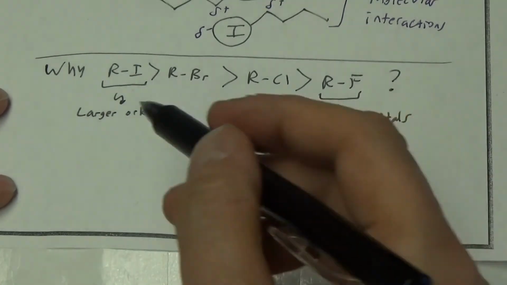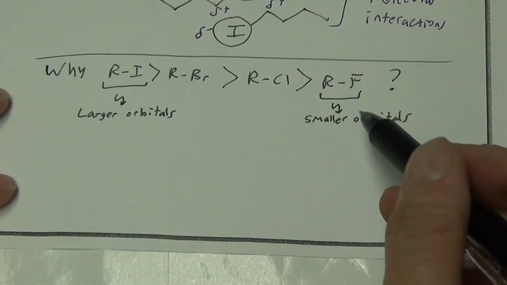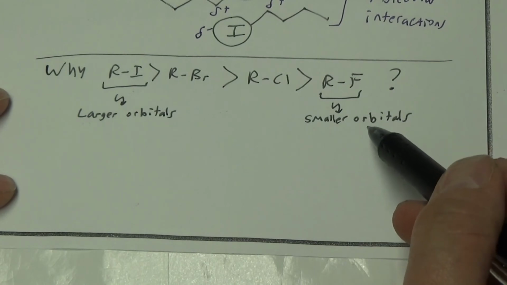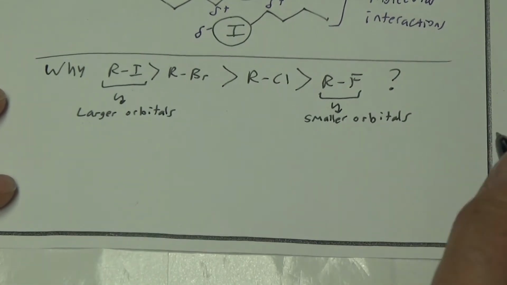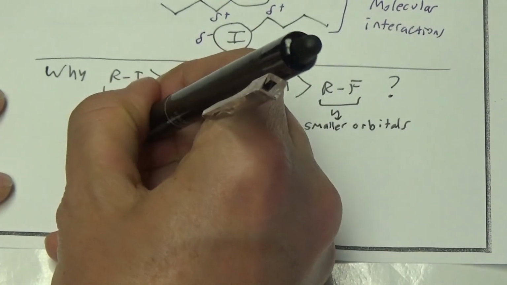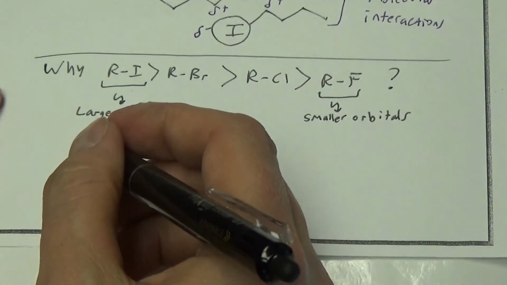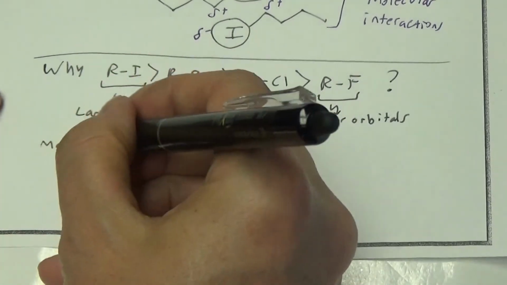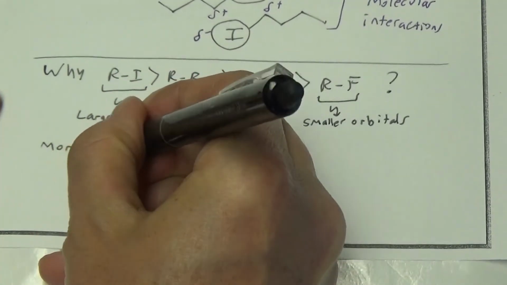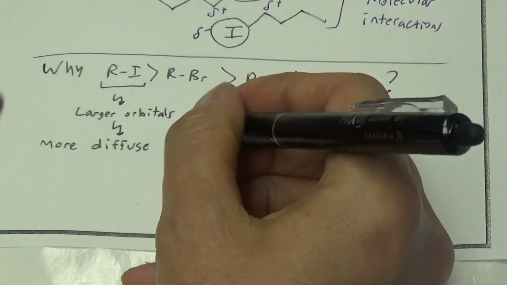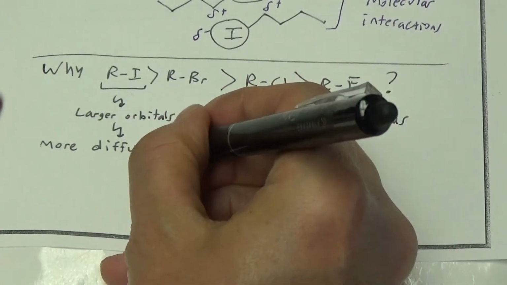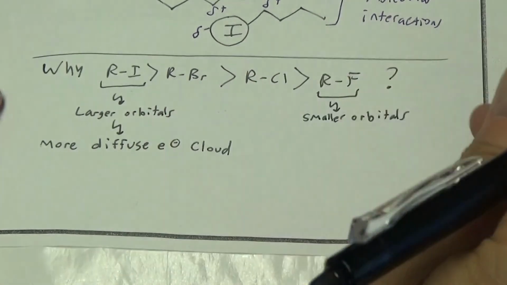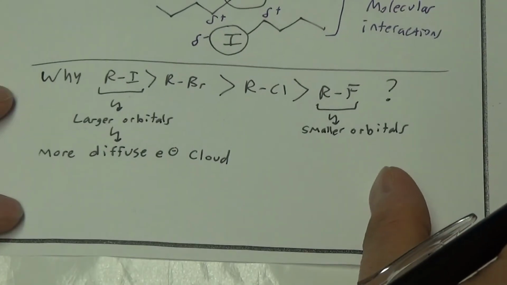The fluorine atom has smaller orbitals. And when you have larger orbitals, you have a more diffuse electron cloud.